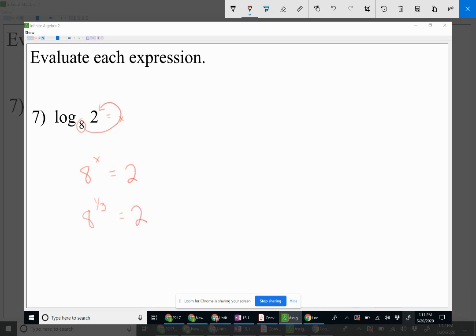Remember, 8 to the 1/3 is the same thing as the cube root of 8. The cube root of 8 is 2 because 2 times 2 times 2 is 8. When your number right here is smaller than your number here, you know your answer is going to be a fraction. Our answer right now is going to be 1/3.